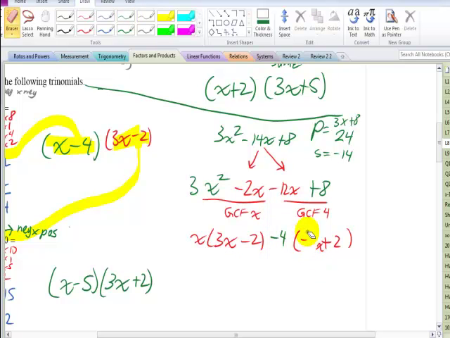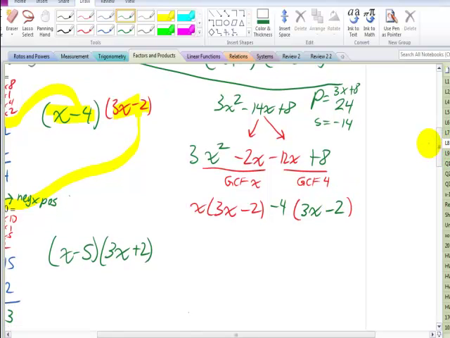And that's exactly why we never teach this method, unless we have to recognize that it exists. So now we're going to get a positive 3x minus 2. Are your brackets the same now? And that's what you need. So 3x minus 2 times x minus 4.